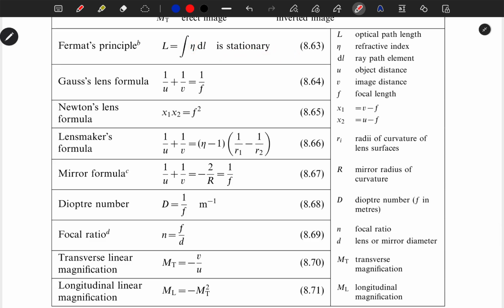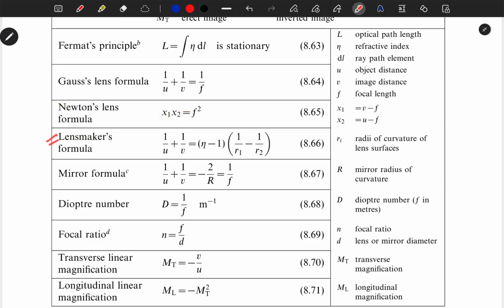The light will follow the smallest path. So lens formula, 1 by focal length equal to 1 by u plus 1 by v. u and v are object distance and image distance. Newton's lens formula, x1 x2 equal to f square. x1 is v minus f and x2 is u minus f.